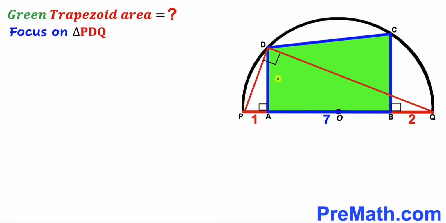Now in this triangle PDQ, I am going to label this perpendicular AD length as height lowercase h. This segment AP length, I am going to label as x, and this whole segment AQ length is going to be y. Then we can see that our x value is going to be 1 and our y value is going to be 7 plus 2, which gives us 9 units.